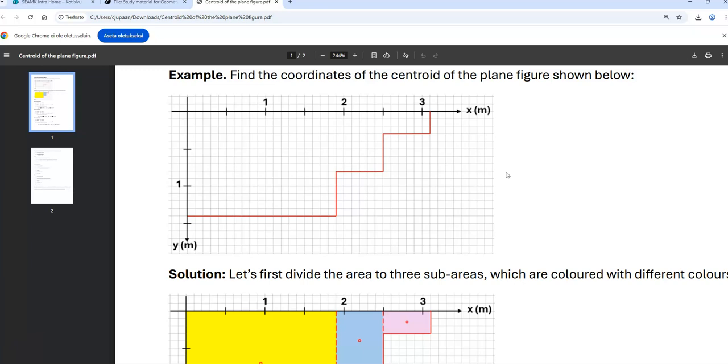For example, I mostly work with students which study civil engineering or building technology, and these figures which I have as an example, they could be, for example, some kind of concrete elements, and when you are in the building site, you want to raise that element in a horizontal position so that it doesn't wink. Then you need to know where is the center point at that element.